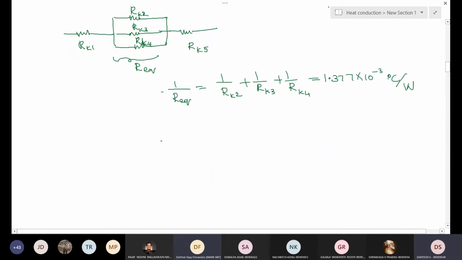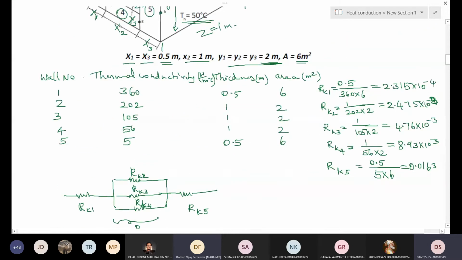Now put that equivalent in series with the RK1 and then RK5. So this is just adding these three because they are in series. TH here and this is TA. RK1 is 2.315 into 10 power minus 4.